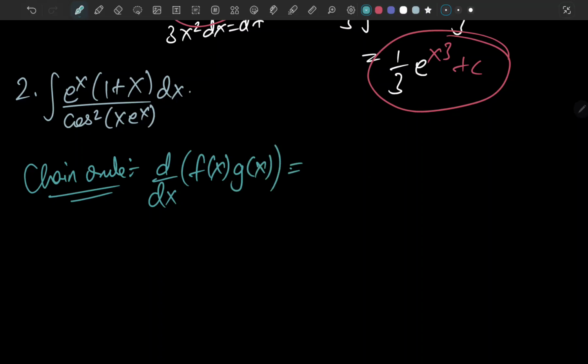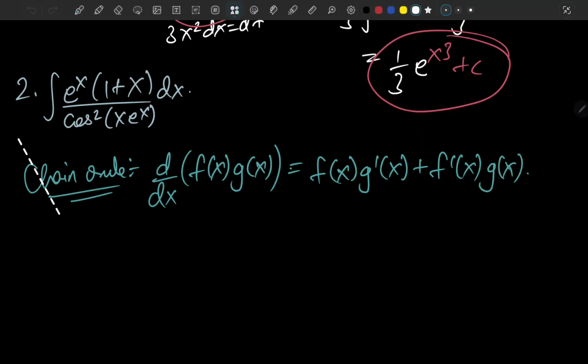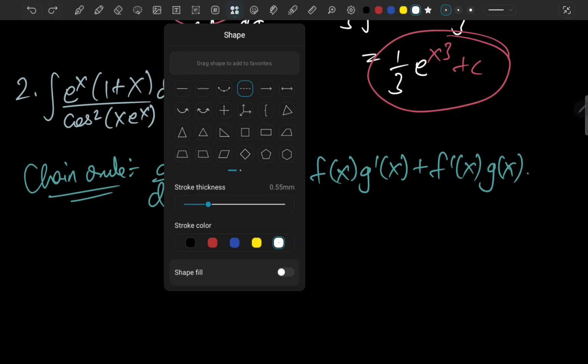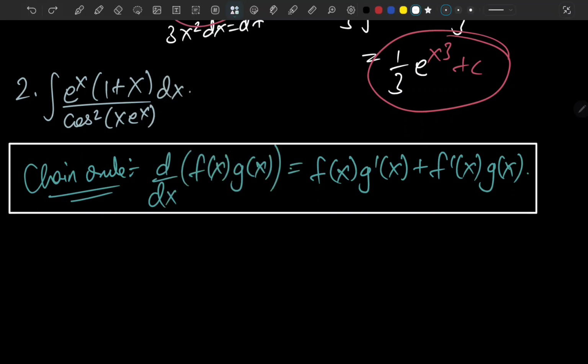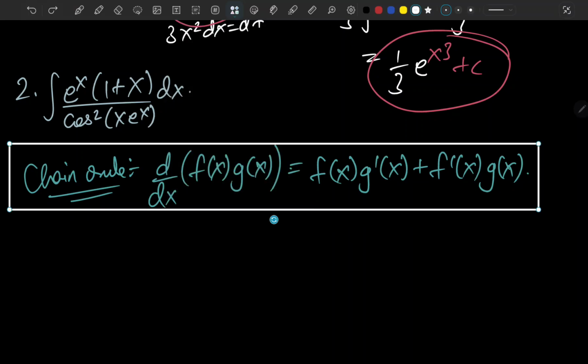It says that the derivative is the first function times the derivative of the second function, plus the derivative of the first function times the second function as it is. That's a very basic formula that you need to remember for your future calculus.